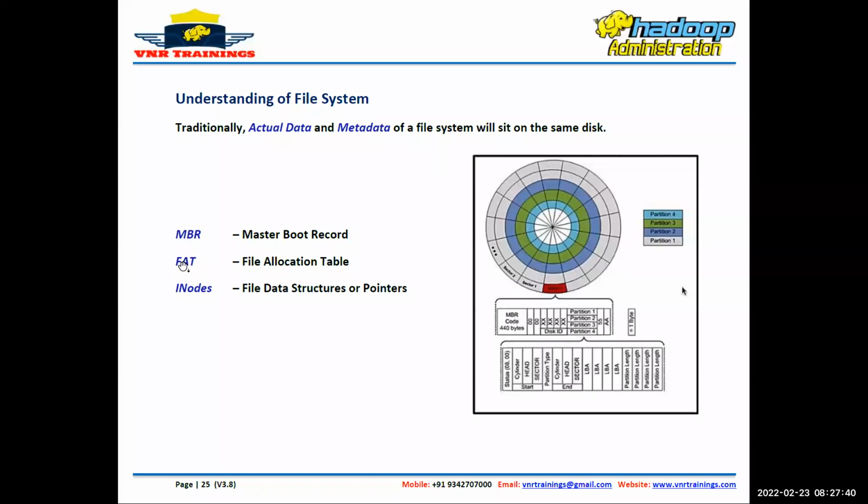Every hard disk will reserve nearly 10% of the storage for metadata. That 10% storage is invisible. You cannot see it. Even if you right click on the disk, it will show the free space of the actual data area, not the metadata area. Got it?